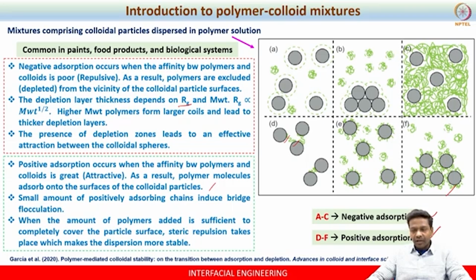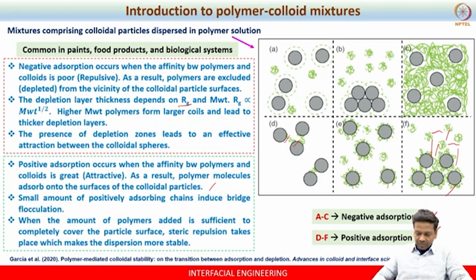So they will form more like a network-like structure, because this free molecule can now get anchored to another polymer molecule. So they will form network-like structures, right? This is more likely to happen when you have a higher concentration of polymer in the mixture, right?